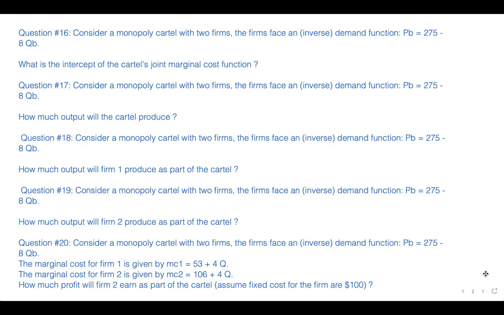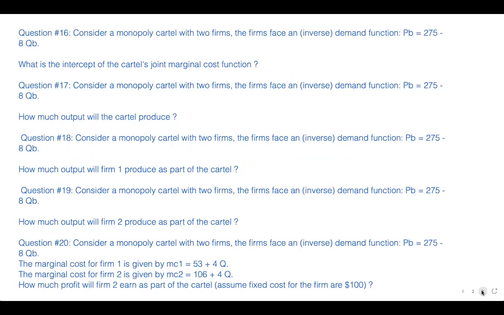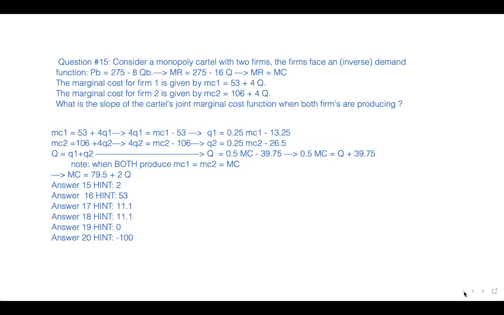Yeah, because if you produce 0 output, then your profit is just your revenue minus your cost. You earn 0 revenue, but you still have to pay your fixed costs. So I think that was a really nice exercise.